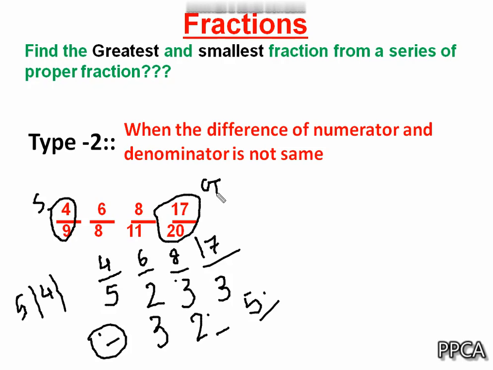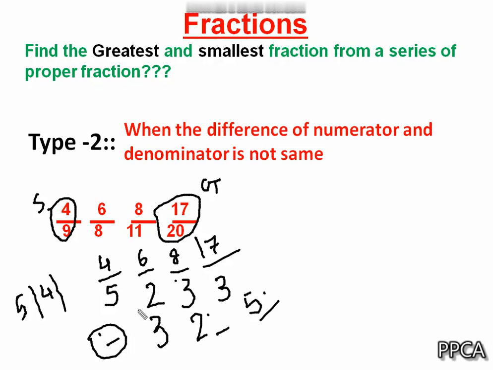And the second method, this was the first method, is to take the LCM of these 4 denominators. Then by making the denominators the same, we can judge the value of the numerators, and by seeing the numerators we can easily say which fraction is greatest or lowest.